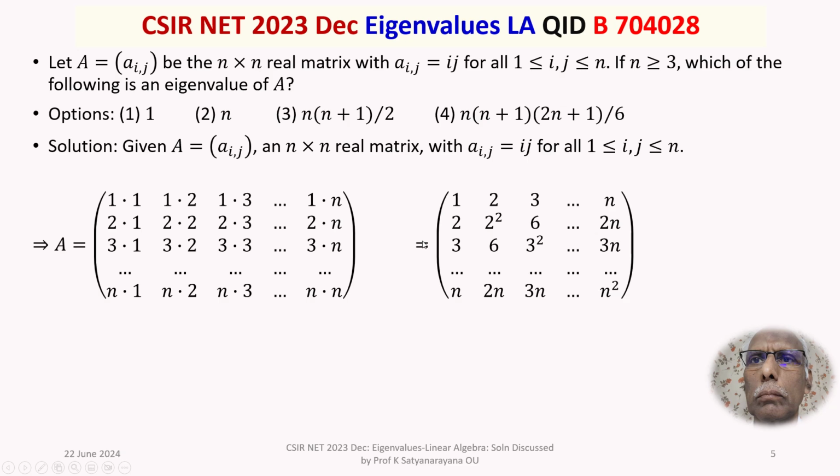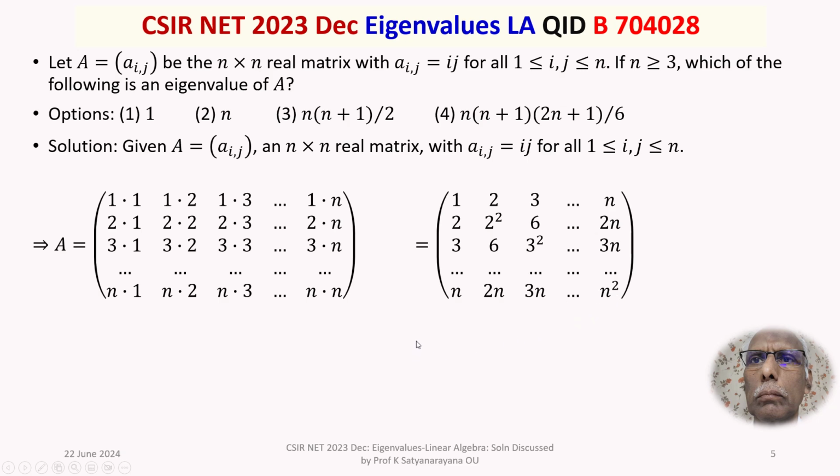Multiplying out, the first row is 1, 2, 3, ..., n, the second row is 2, 2 squared, 6, ..., 2n, the third row is 3, 6, 3 squared, ..., 3n, and the nth row will be n, 2n, 3n, ..., n squared.